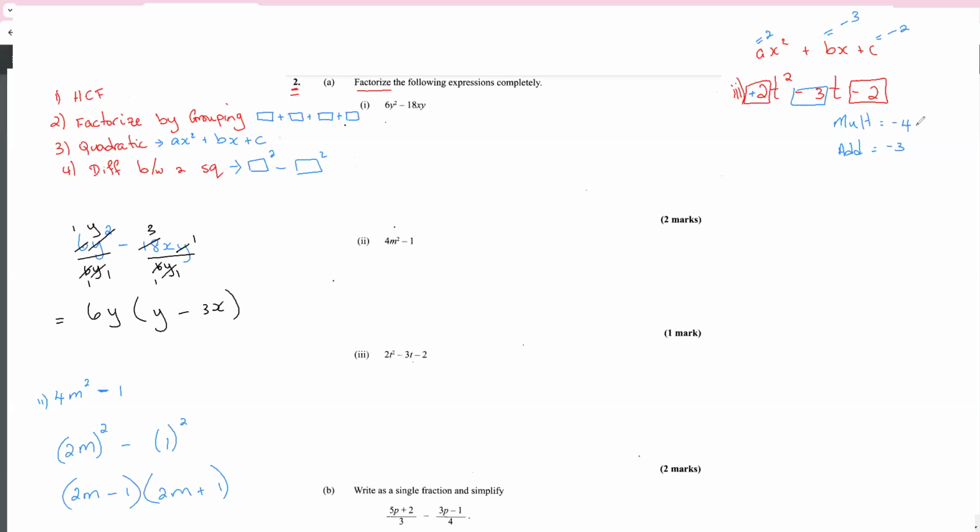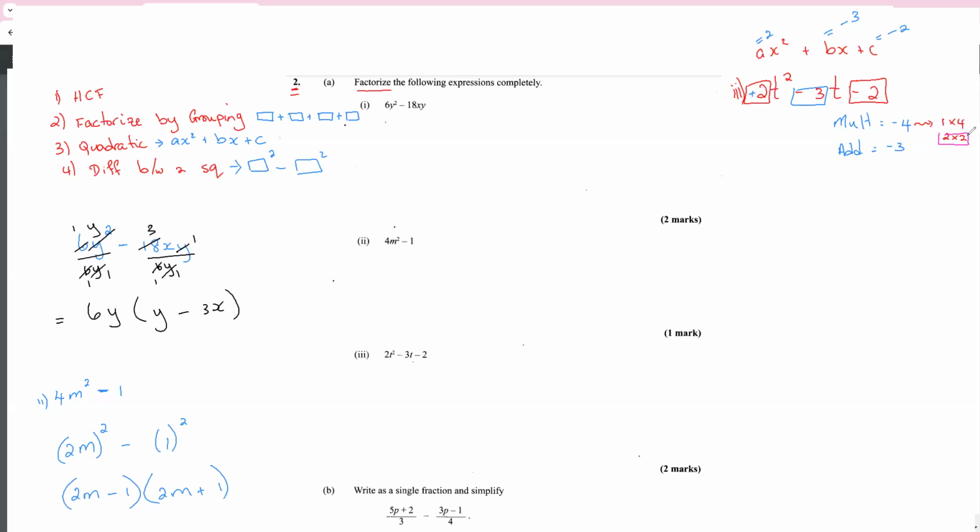So your first step is to look and see all the ways I could multiply to get 4. I can multiply 1 times 4, and I can multiply 2 by 2. Now, if I use the second one, 2 by 2, if I add them, I'll get 4. And if I minus them, I'll get 0.